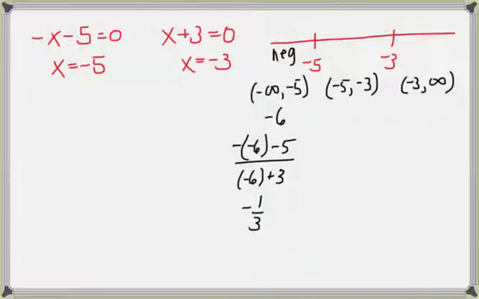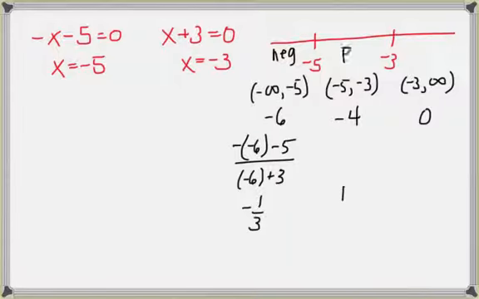All right, so what you want to do is go ahead and test values in the other two intervals. I'll let you do this on your own. I'll get you started. Maybe you can test negative 4 for this interval and 0 for this one. You can pause the video and try them yourself. Okay, once you've tried them, for the second interval, if you decided to use negative 4, you should have gotten an answer of positive 1.